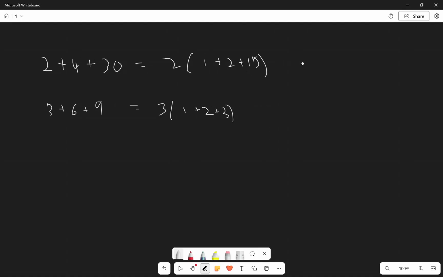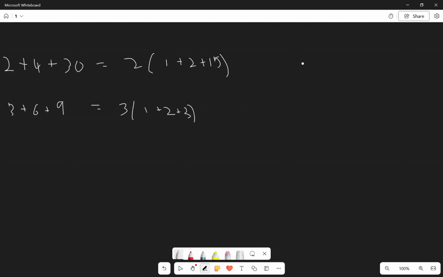When I take 2 out, what I'm doing is dividing each element by the factor I took out.